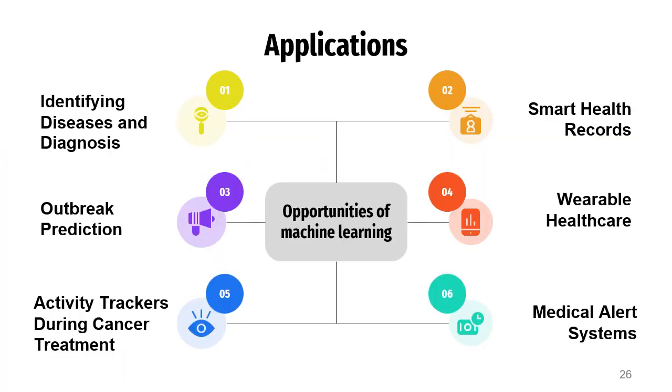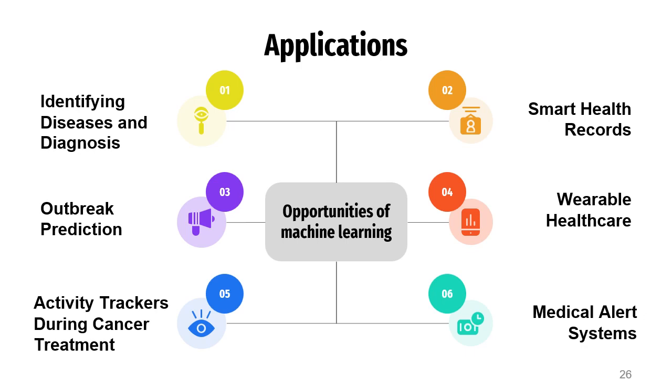So let's see the applications of machine learning in IoT healthcare. Identifying diseases and diagnosis is the first application. Then smart health records, which record the health data of patients for future analysis.